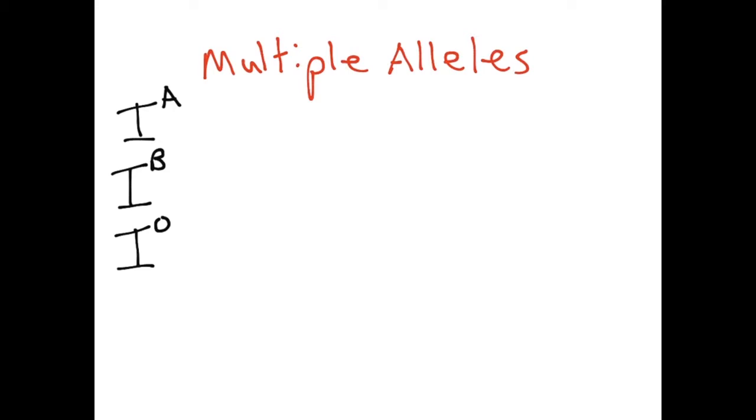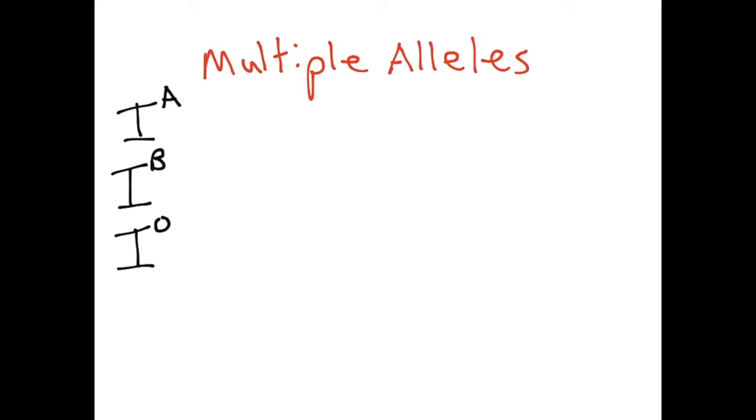So that's where the superscripts and the I's come from. When we look at this situation, we can end up with a number of different possible genotypes. You can inherit two of any of those three alleles, so there's a definite number of combinations that are possible.